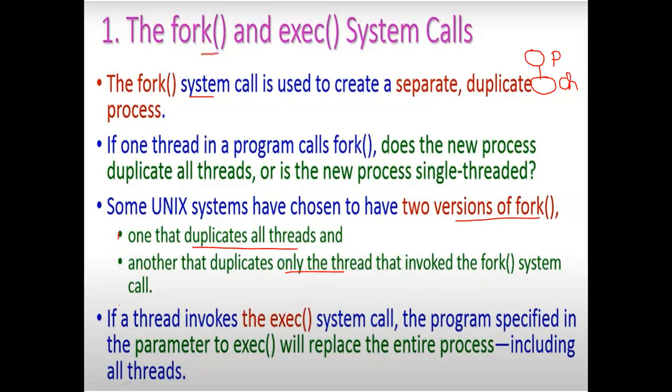If a thread invokes EXEC system call, the program specified in the parameter to EXEC system call will replace the entire process, including all threads. That means EXEC system call is always used to execute the instructions or the program of the child process.